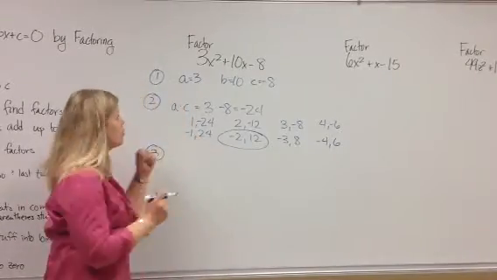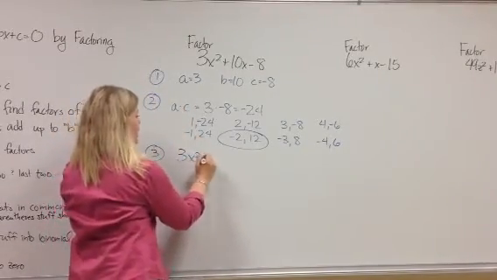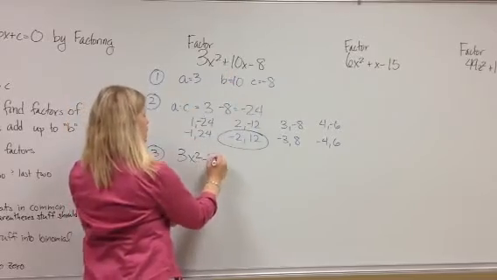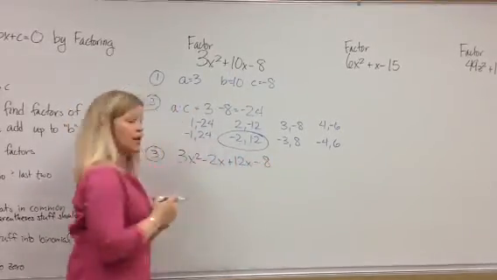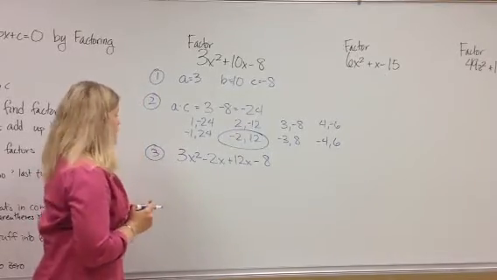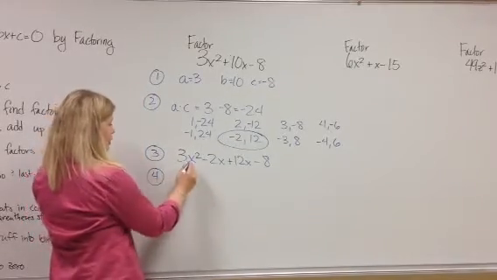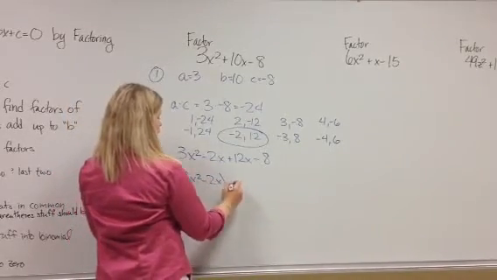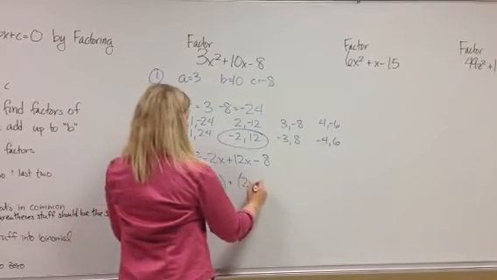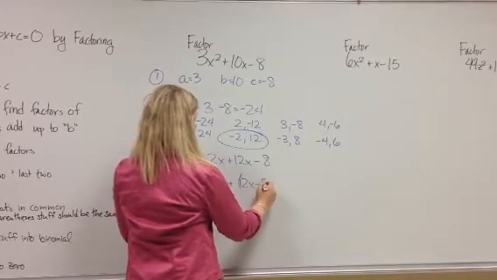So, step 3, instead of writing 10x, we're going to write negative 2x plus 12x, and then we've got our negative 8. Okay? Now, next part, group the first two, 3x squared minus 2x, and group the next two, 12x minus 8.